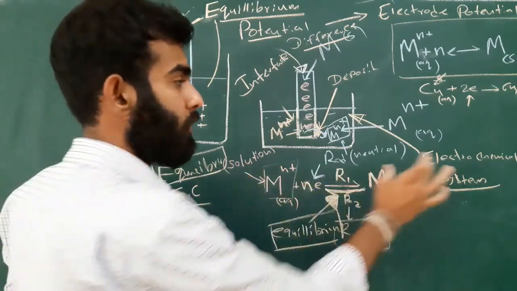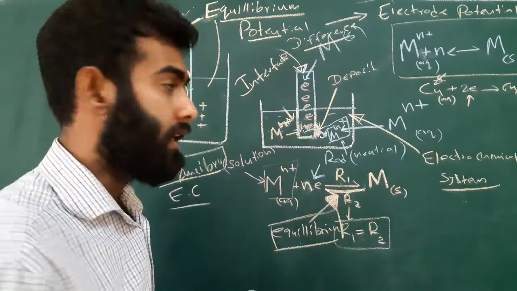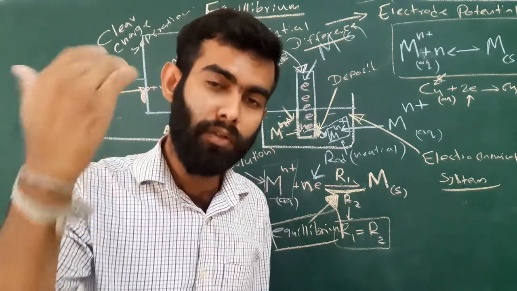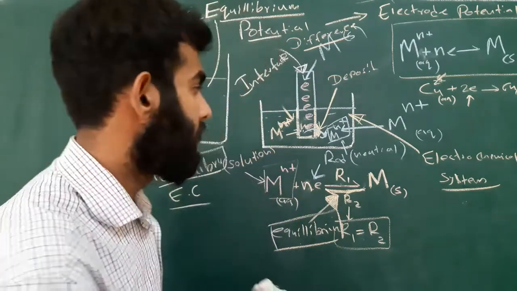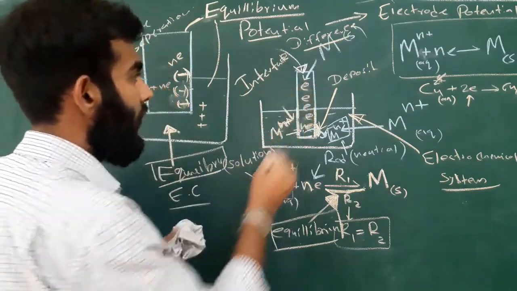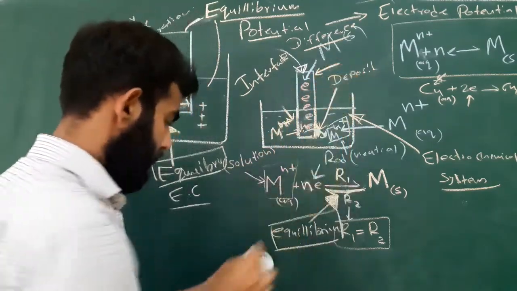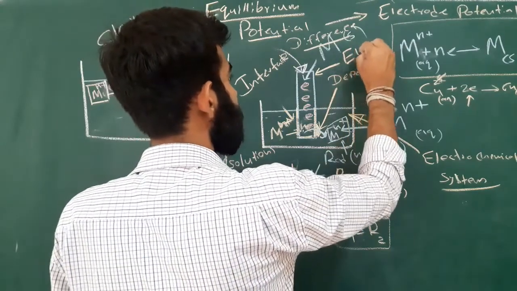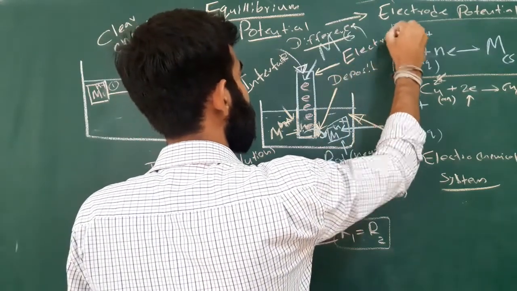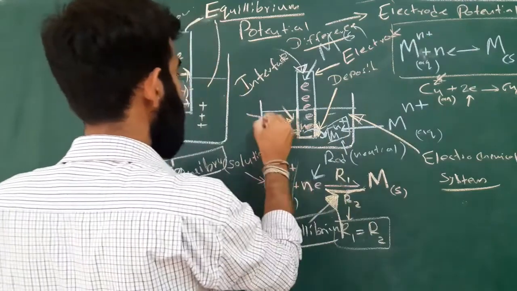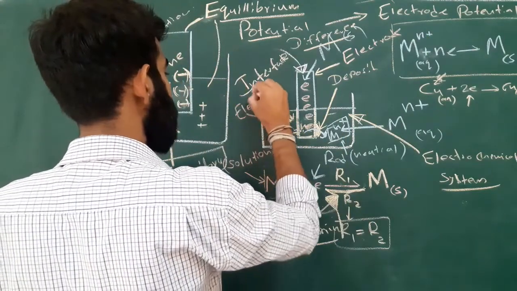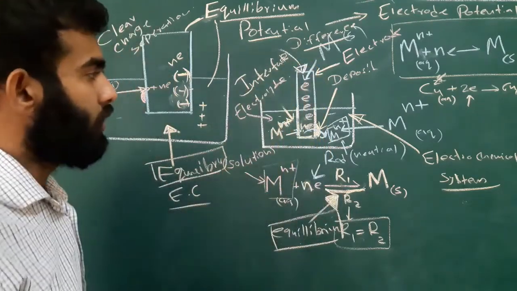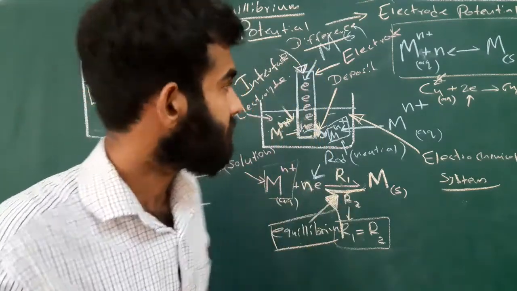That system is called an electrochemical system. An electrochemical system should have two phases. One is solid. That solid phase is known as the electrode. This is the electrolyte. So you have to know these things.